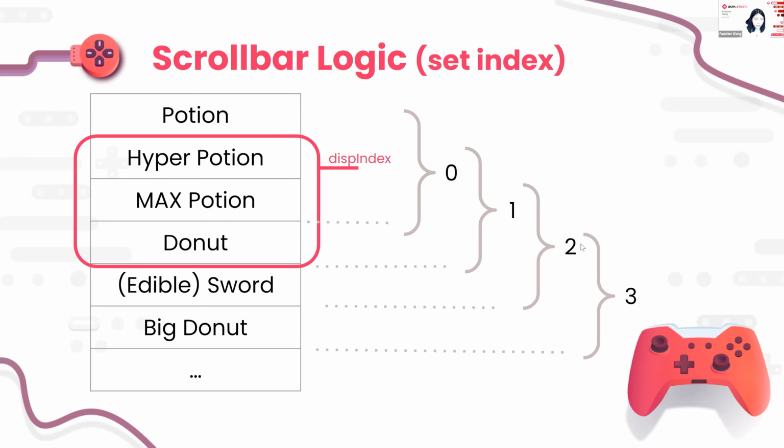And basically for the actual scroll bar, because it is set from 0 to 1, we want it to display one set out of all of these possible sets that can be displayed on the screen.